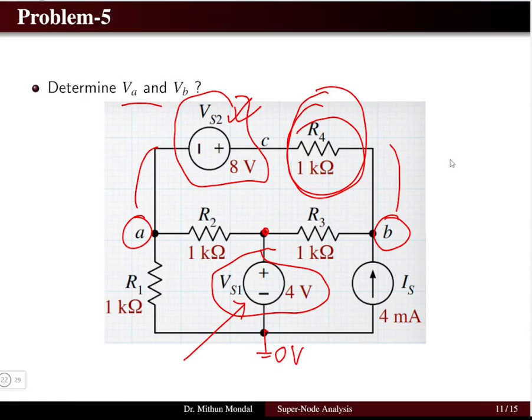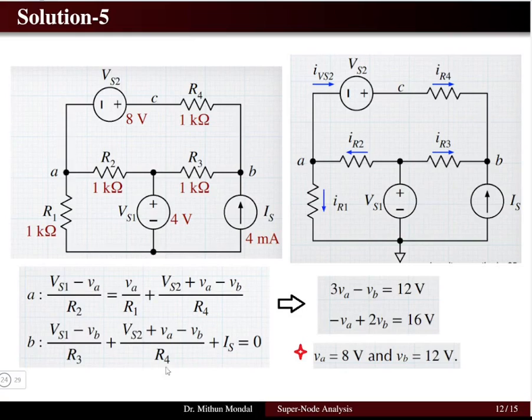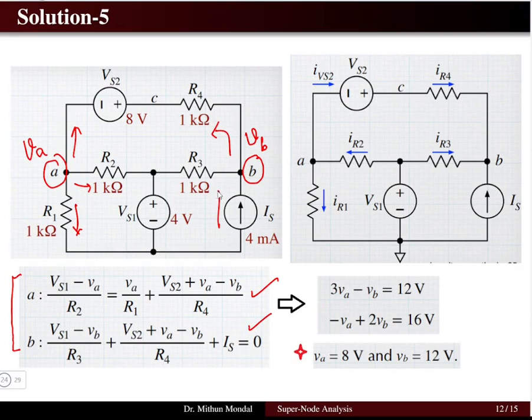So by observing the voltage sources, these problems do not lie in the supernode category. We have to write the normal nodal analysis equations at node A and node B separately. If we take the potential of node A as VA and of node B as VB, we can write the equations separately for all the currents associated with node A and node B. We assume the direction of the current and write down the equation.